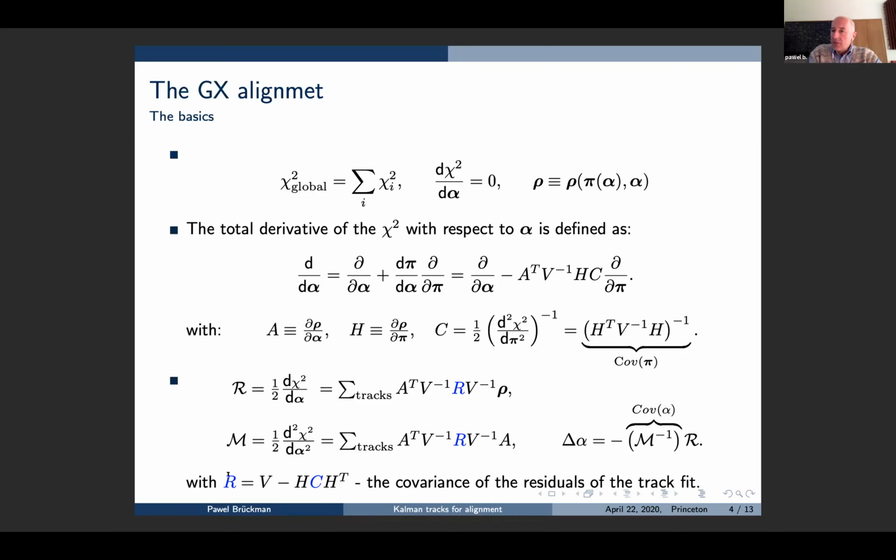Now, the central item in this solution, because all the properties of the solution of the alignment are encoded in the matrix, is the covariance of the residuals of the track fit. It covers all the residuals for a given track, and is given by this expression here at the bottom.